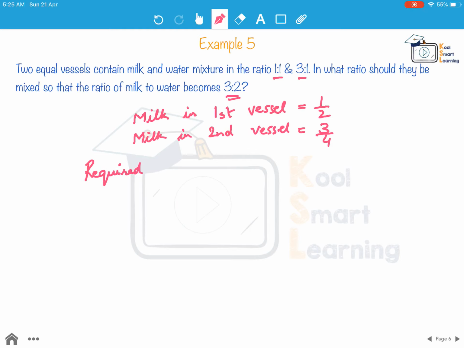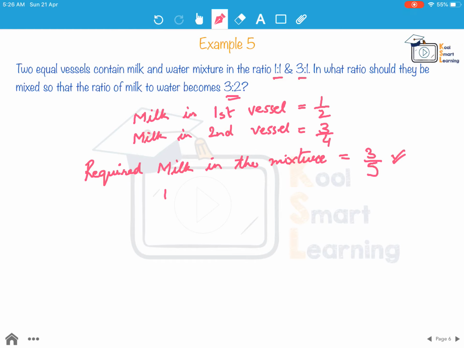Now, what is the required milk in the mixture? We are saying it should be 3:2 of milk and water, so it becomes 3 by 5. So this is what we need as per the given statement. So let's use the rule of alligation here.